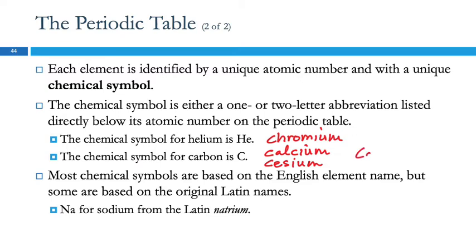So calcium is Ca, chromium is Cr, cesium... Ce? Cs. Yeah, because then there's cerium. Cesium is Cs, and cerium is Ce. So there's a bunch of different ones like that.